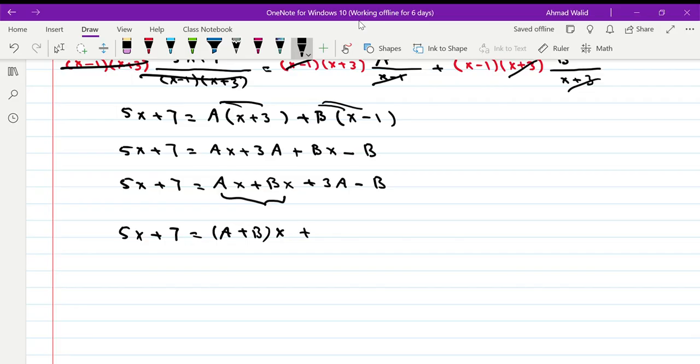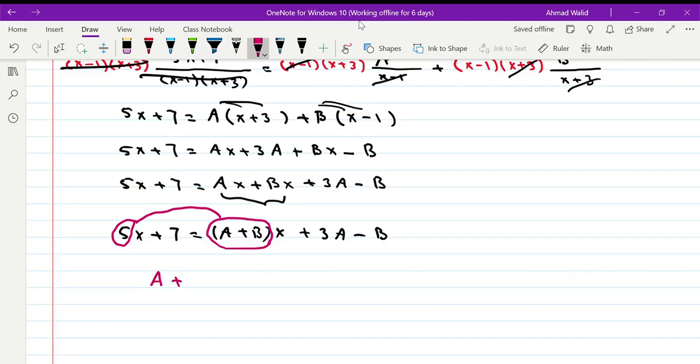Plus 3A minus B. Now equate the coefficient of x with x on the left side, and the constant with the constant. It means A plus B equates with 5, correct?